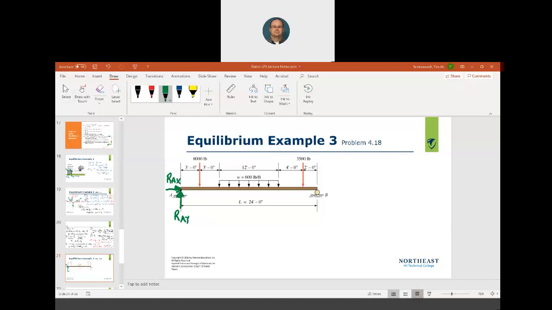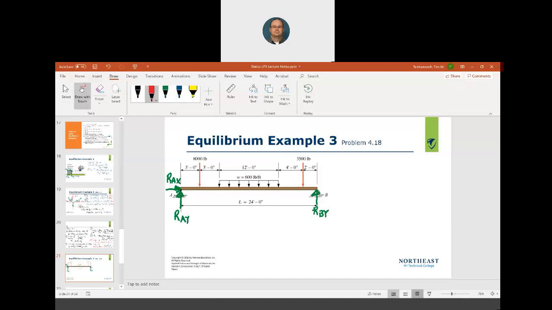This is a roller. This is R at point B in the Y direction. Okay? All right. So, step 1, free body diagram. Okay? RAX, RAY, RBY.